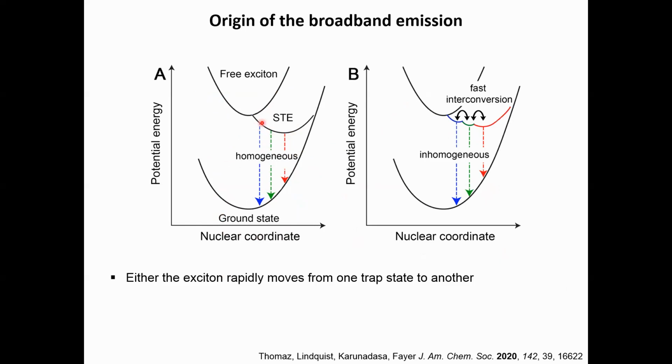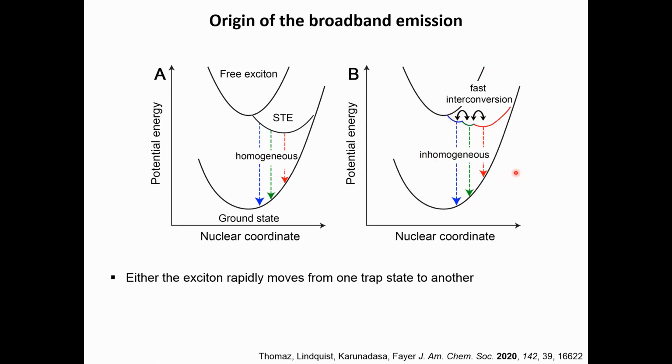If an exciton emits from here, or has to move to this trap state to emit, or to this trap state to emit, the blue emission has to have one lifetime, the green emission has to have a longer lifetime, and the red emission a longer lifetime still, because this thing has to move from one to another. They cannot all have the same lifetime, unless they are really quickly hopping from here to here to here, going back and forth between these different wells.